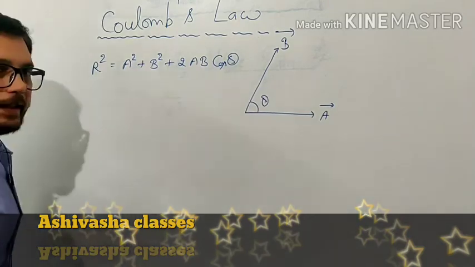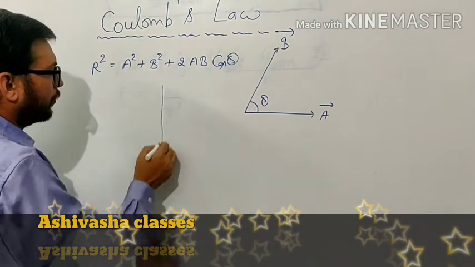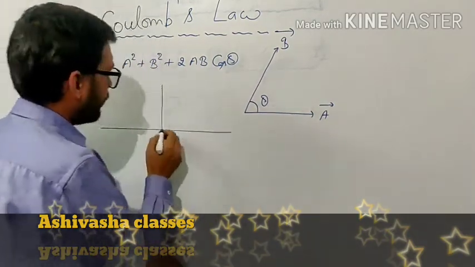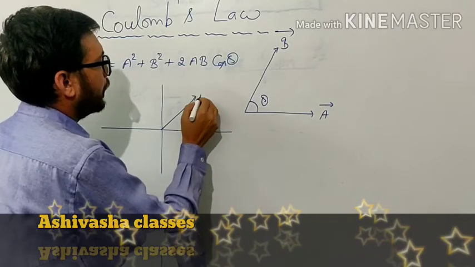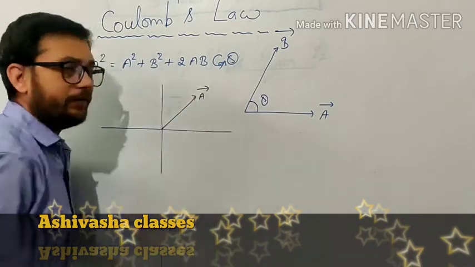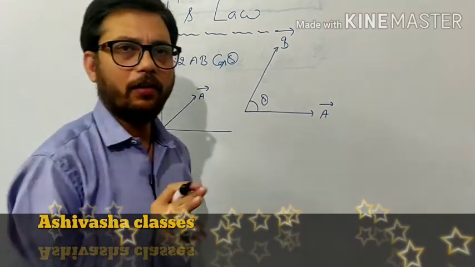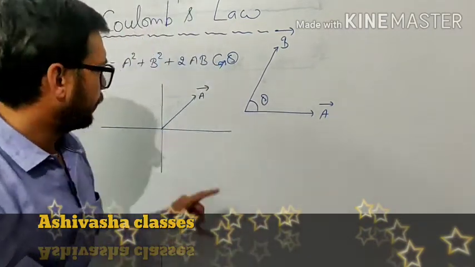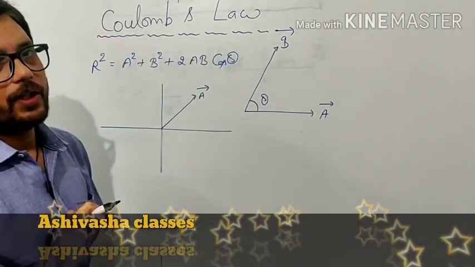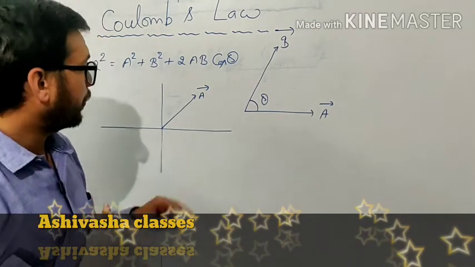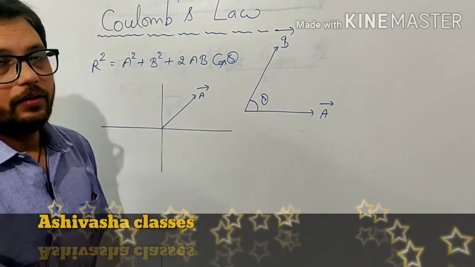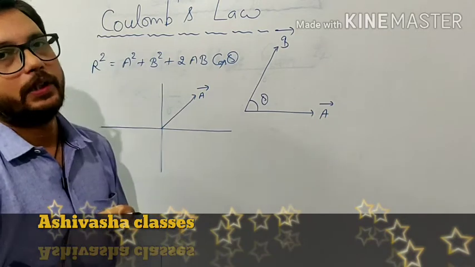Let's see a case. Suppose this is a vector and we do not have any information about the angle. So if we have no information about the angle, then we have to suppose an angle.